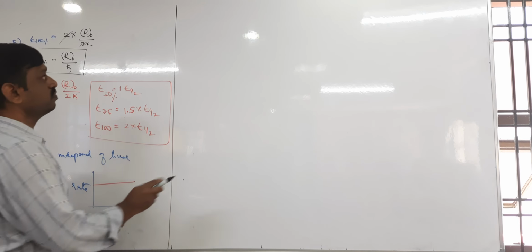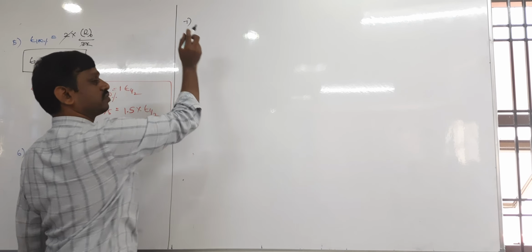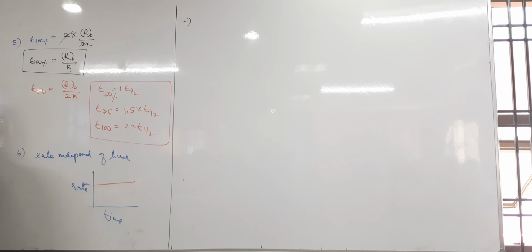Okay. So now the seventh point, write down: when the reactant and product are in gaseous phase, the partial pressure of reactant and products is measured instead of what?